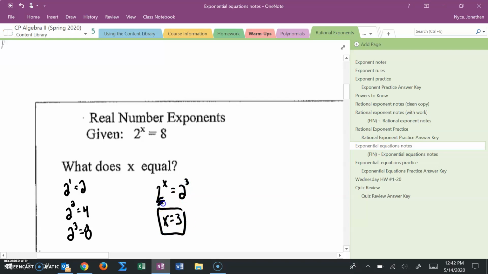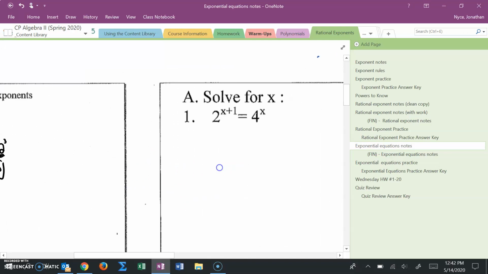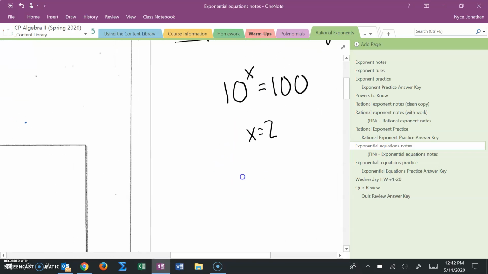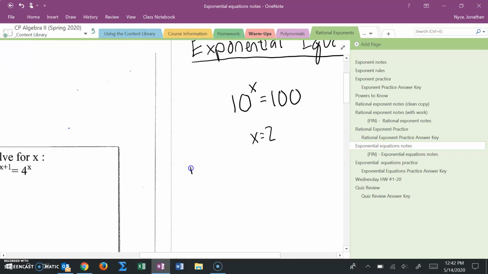The key here is that the bases on both sides are the same. There's a property with exponents where if you have two expressions that are equal and the bases are the same, so if we have, let's say, b to the x equals b to the y, then your exponents, x and y, have to be the same.